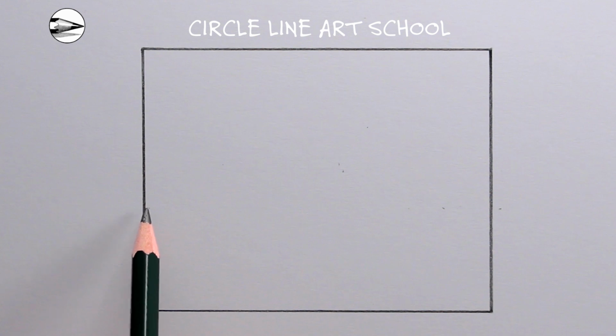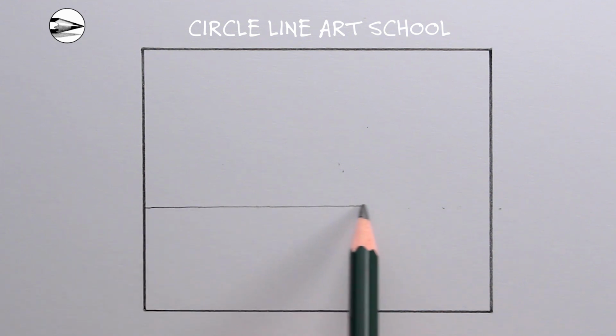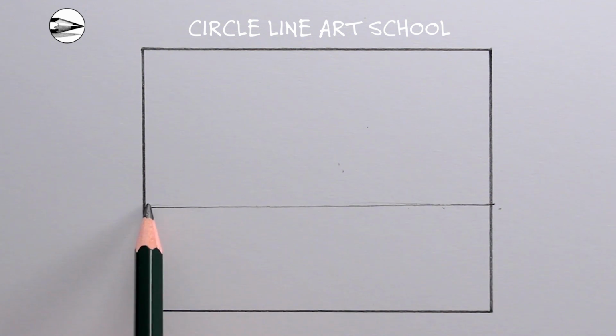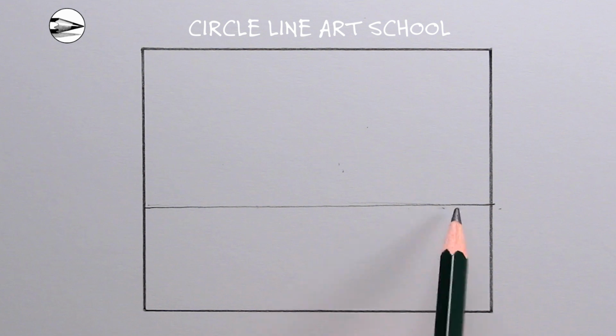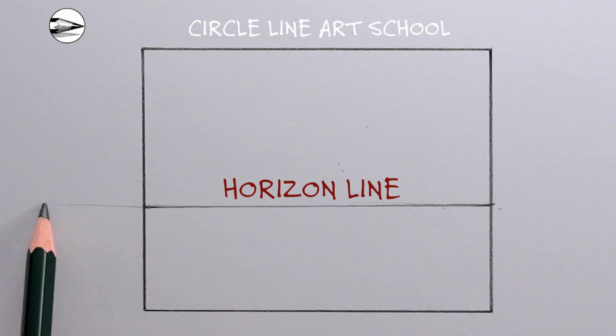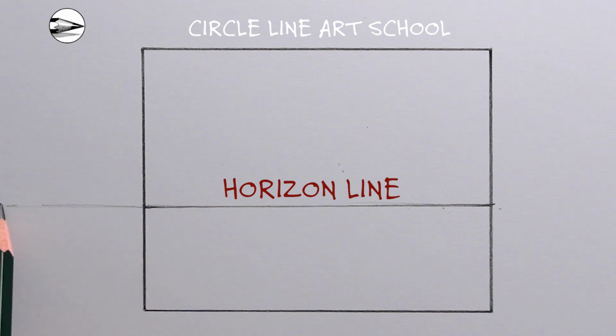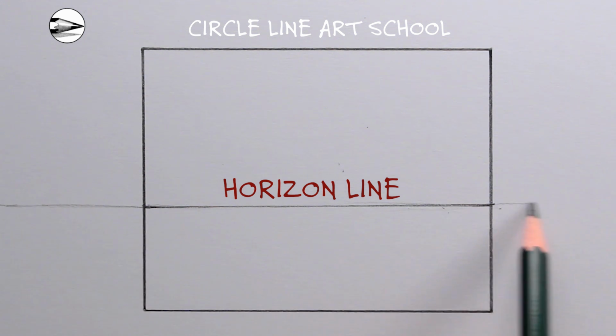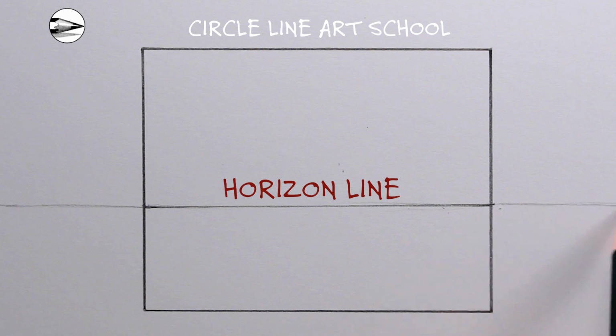If we draw a horizontal line for the horizon, we could put vanishing points anywhere along here for this drawing in two-point perspective. If we want to make a drawing that looks more realistic, we can extend the vanishing points by extending the horizon line as a guideline.